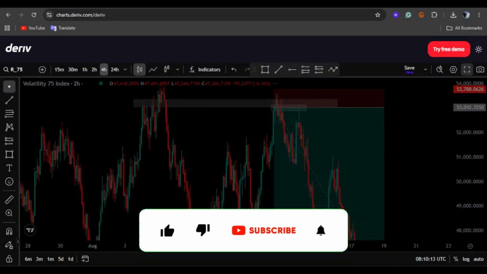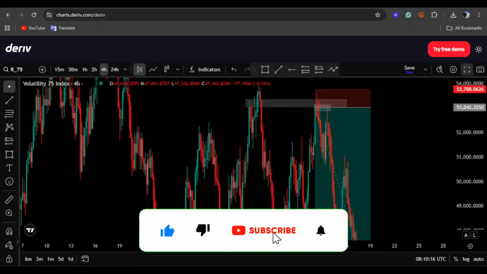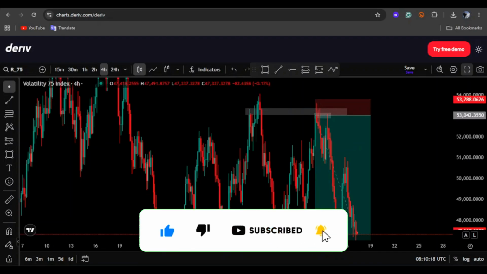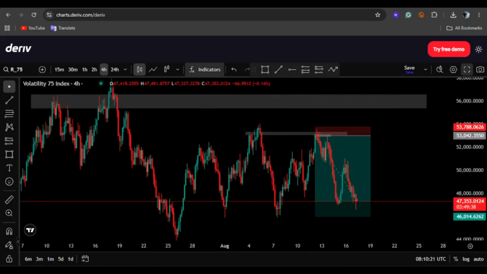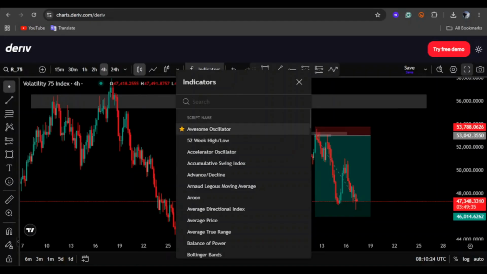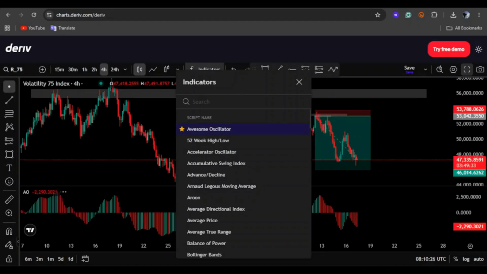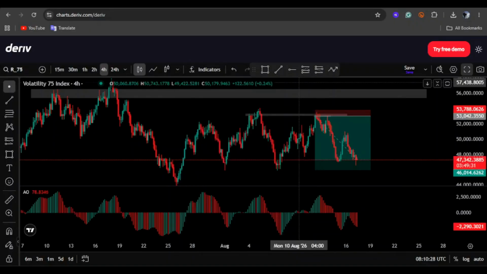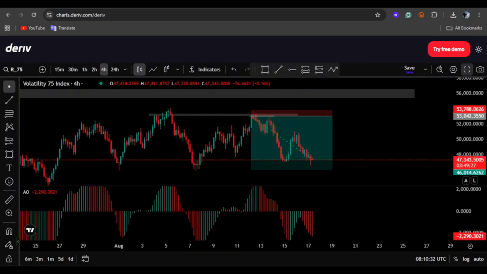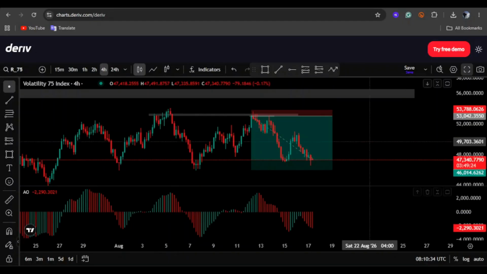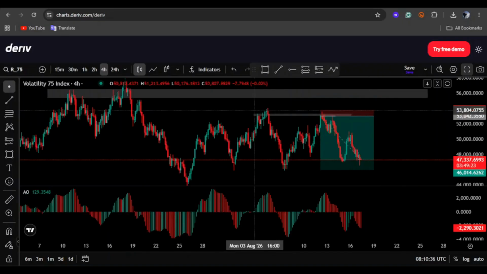Now, once you find your QM pattern, remember we don't trade QM patterns blindly. We have to find our divergence, and in this case what I normally use is the awesome oscillator. Definitely we're either looking for a regular divergence or a hidden divergence.